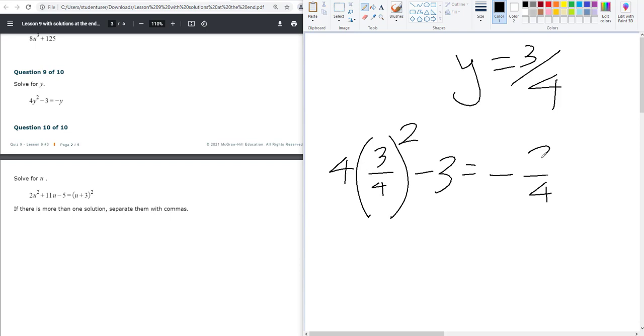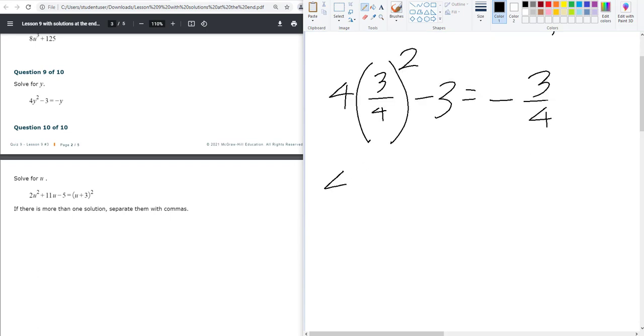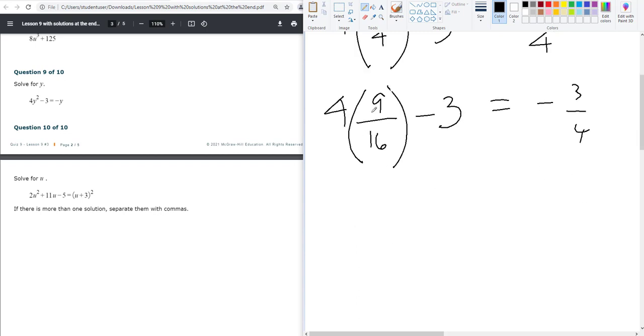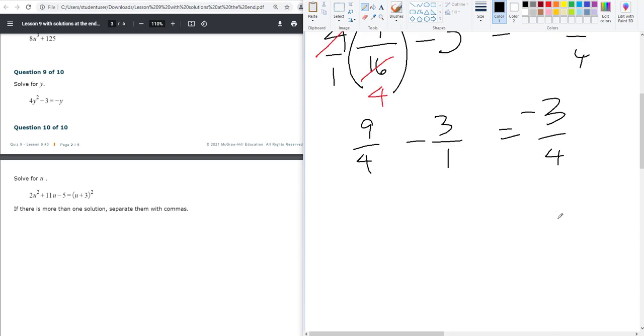Now you can use your calculator to simplify this, but I'll just do it manually so you can see. 4 times 9 over 16, that's your rule of exponents for fractions. Subtract 3 is supposed to be negative 3/4. Well, this is 4 over 1, so I can divide that 4 into this 16, leaves a 4. So that gives me 9 over 4 minus 3 over 1 is supposed to be negative 3/4.